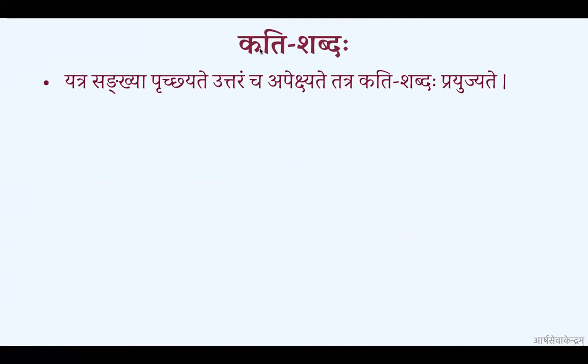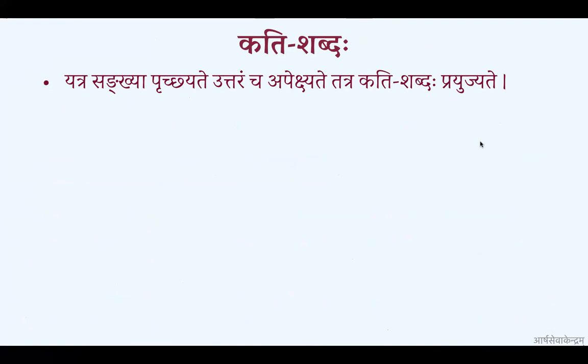So when we started the Vishesha Visheshana Bhava topic, the Anvaya Rachana topic, we studied the Sapta Karakas and we said there are different questions. One of the questions was Kati. Kati is how many. Yatra sankhya prichyate uttaram cha apekshate tatra kati shabdah prayujyate.